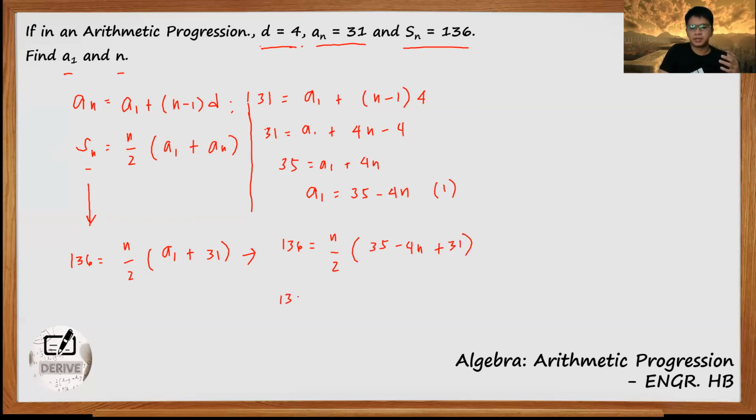Okay, so that will become 136 is equal to n over 2, 35 plus 31, that is 66 minus 4n. So simplify natin. So times 2 natin agad si 136 sa 2 para mawala na si 2 sa kabila.